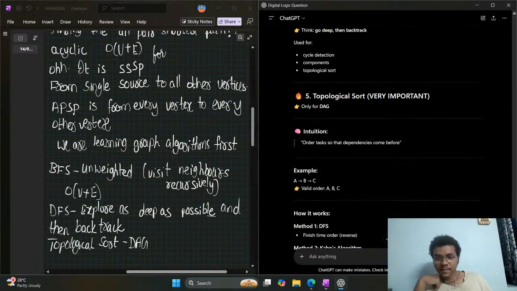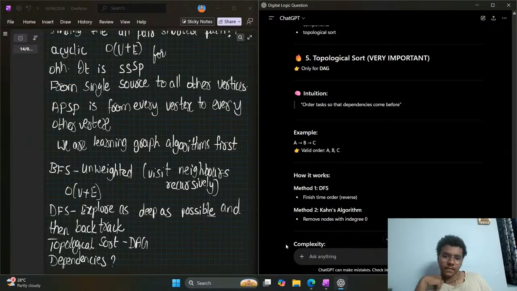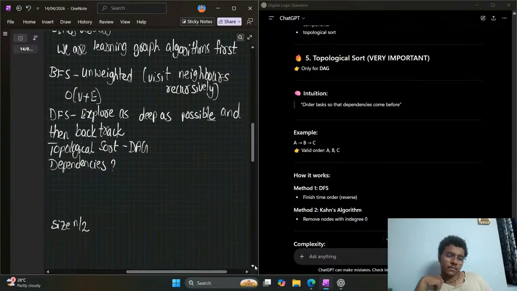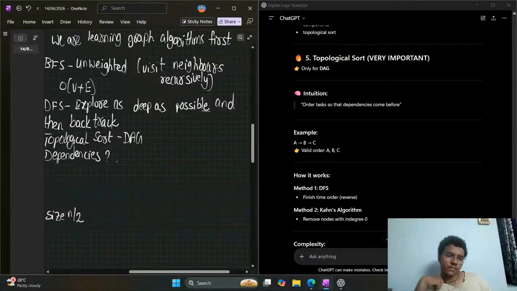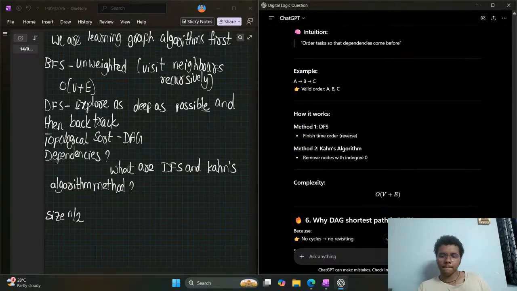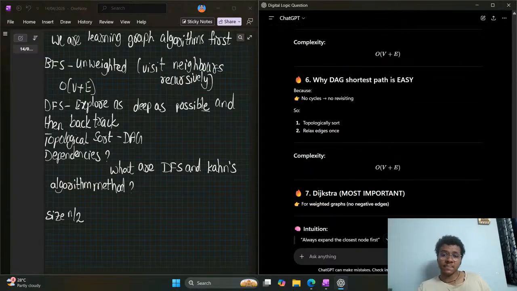Need to understand these dependencies and what are DFS and Dijkstra's algorithm methods.